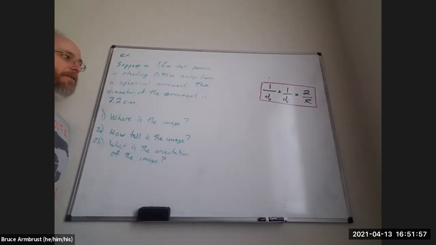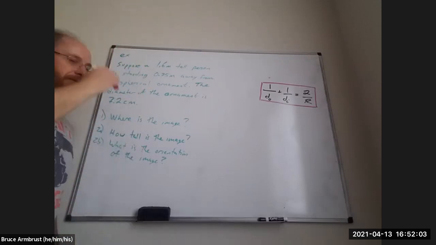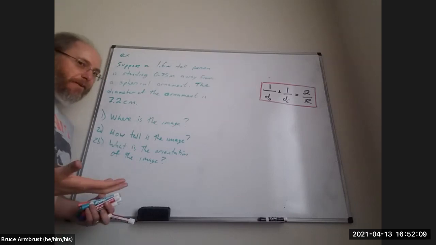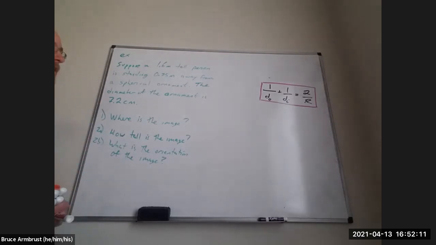So first things first, let's just label all the information that we have. And everything is in all kinds of weird units, so we should probably make it so that they're all the same. You good with meters? Tried and true. Okay, so here's what we know. We know HO is 1.6 meters.